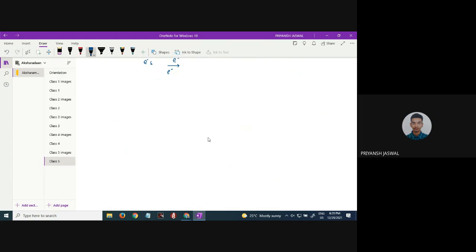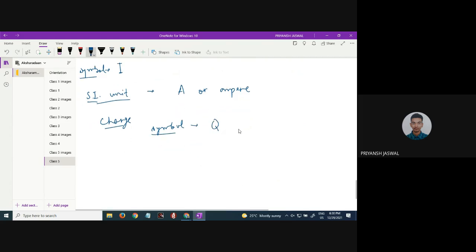And the symbol of current is I. We denote electric current by I. Its SI unit is ampere, and for the charge, the symbol is Q, or small q also you can use.